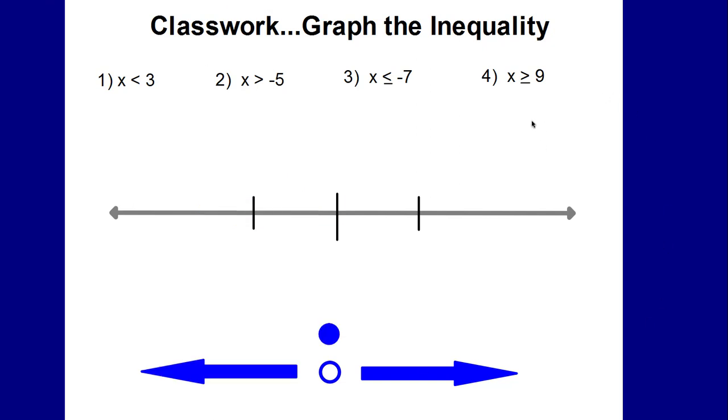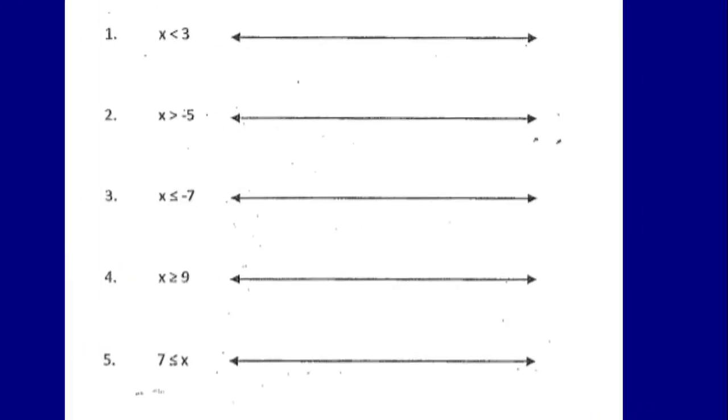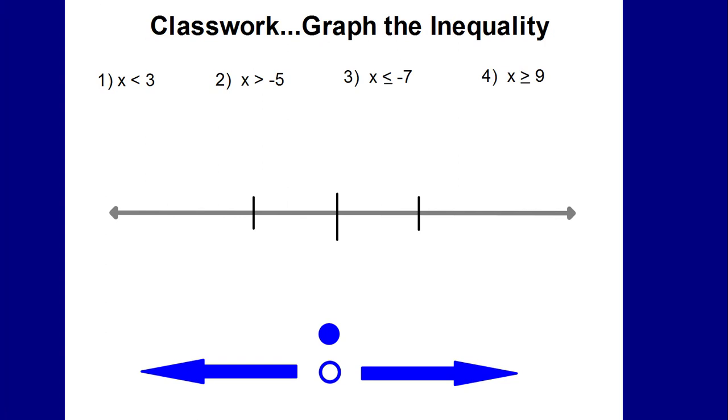And the last example, x is greater than or equal to 9. So let's go ahead and do our numbers on the number line. We're going to want 9. A value larger than 9 could be 10. A value less than would be 8. And now we're ready to graph.